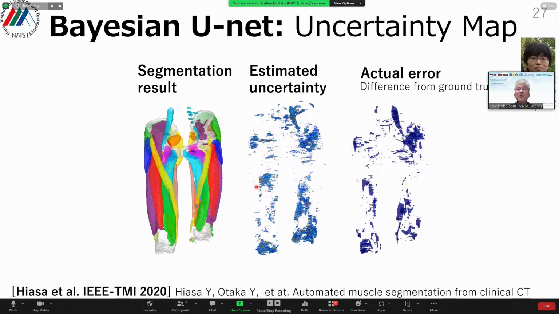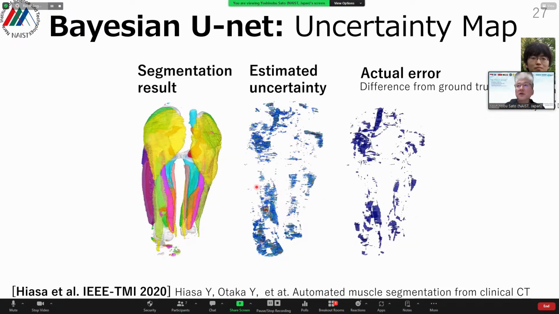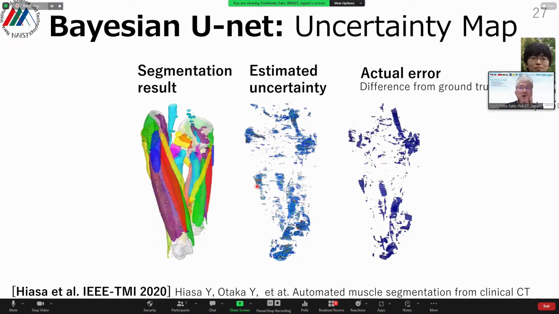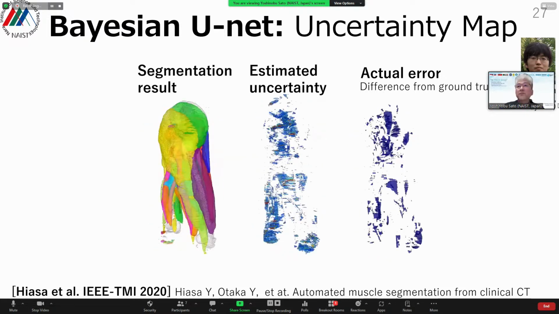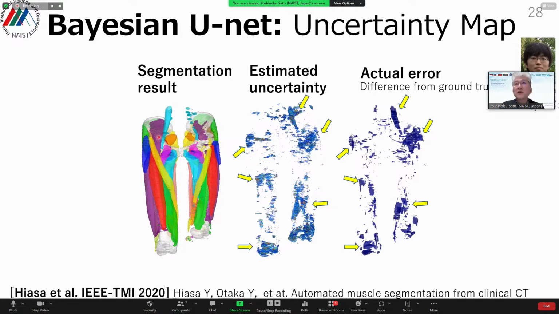So we developed the Bayesian UNet. Actually, this PhD student developed this method. The Bayesian UNet outputs not only segmentation results, but also uncertainty. Uncertainty means maybe unreliable segmentation areas.